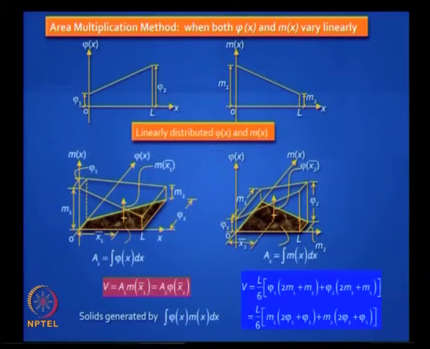So the formula you have to remember when you deal with a situation like this is V is equal to L by 6 [phi 1 into 2m1 plus m2 plus phi 2 into 2m2 plus m1], which is easy to remember. In case you forget and you flip it over, you will still not make a mistake. It is L by 6 into [m1 into 2 phi 1 plus phi 2 plus m2 into 2 phi 2 plus phi 1]. This is a very useful formula.